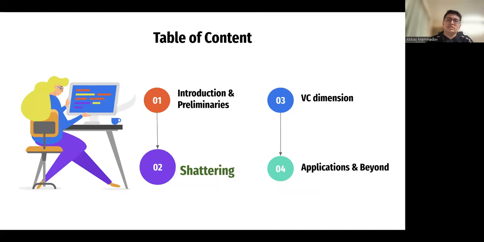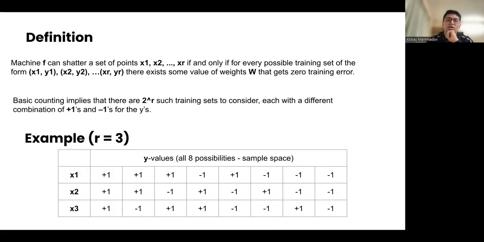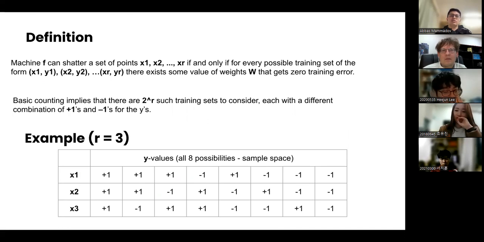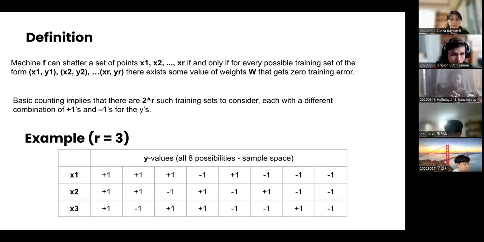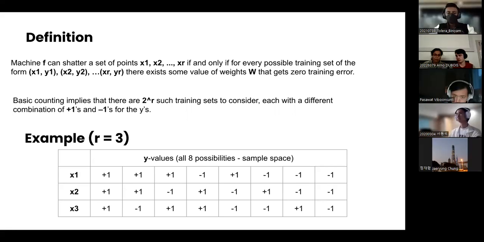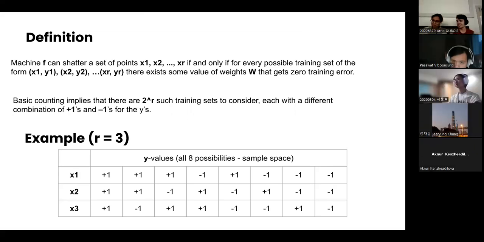But before understanding the VC dimension, we should also go into the details of shattering. Shattering is another important prerequisite to the VC dimension. Again we are given some F, the learning machine, and machine F can shatter a set of points x1 to xr if and only if, for every possible training set of the form (x1, y1), (x2, y2), ..., (xr, yr), there exist some values of those weights, which we already discussed, that get zero training error.